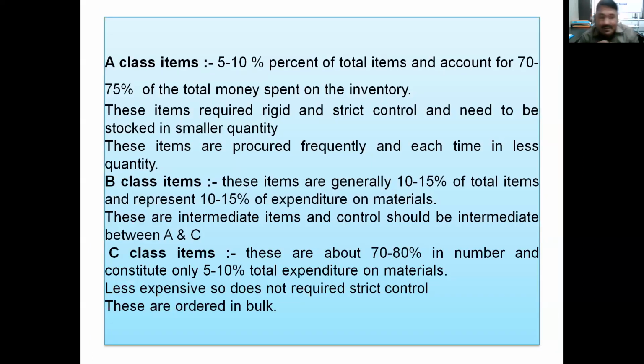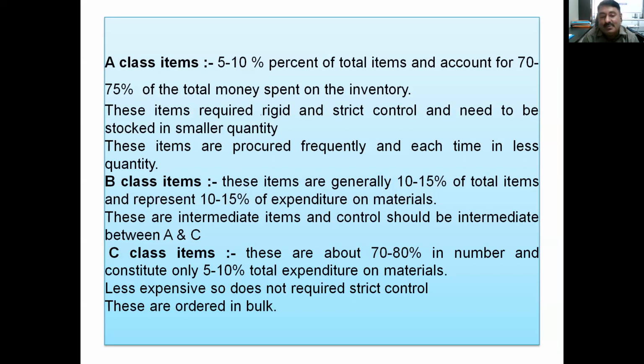Okay, let us move on, friends. A-class items are 5 to 10% of the total items and account for 70 to 75% of the total money spent on inventory. These items require rigid, strict control and need to be stocked in smaller quantity.